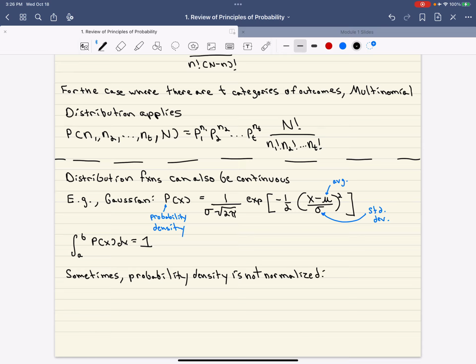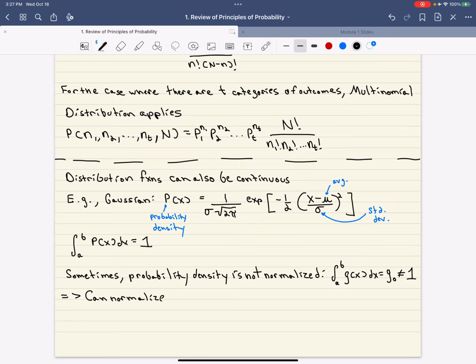In this case, instead of p of x, we would have some sort of g of x. And if we integrated it between our two bounds, because it's not normalized, we would end up with some value that's not equal to 1. And that's okay.